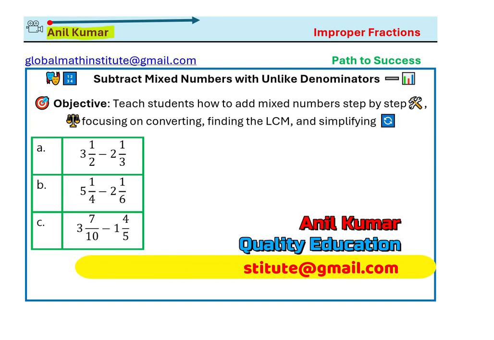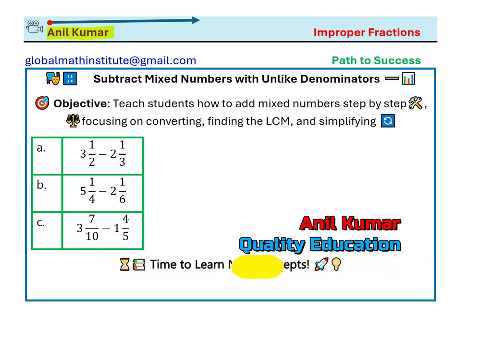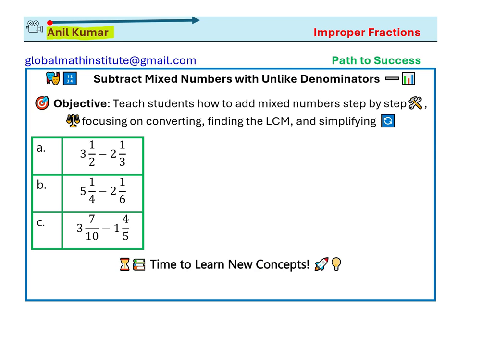So now let's begin with the very first question, where we need to understand how we subtract mixed numbers when the denominators are not the same. So if we have 3 and a half minus 2 1/3.